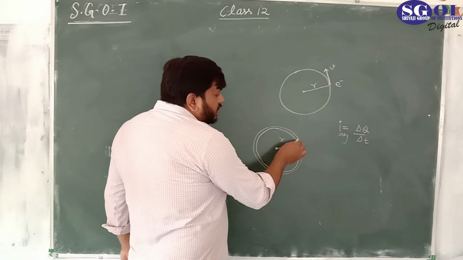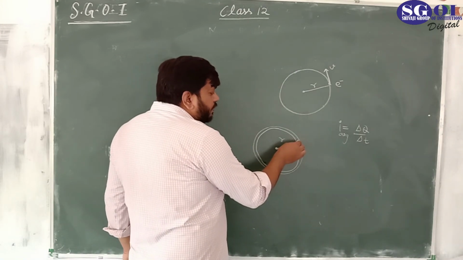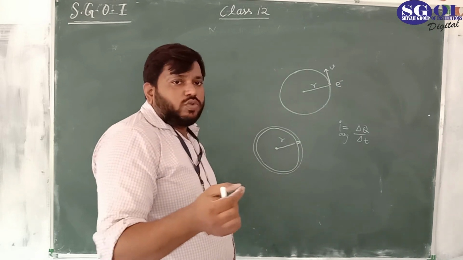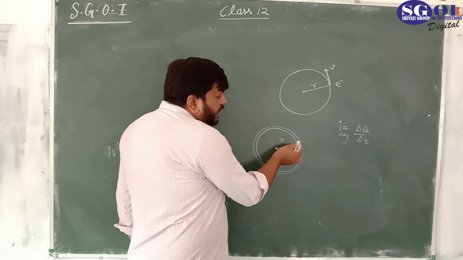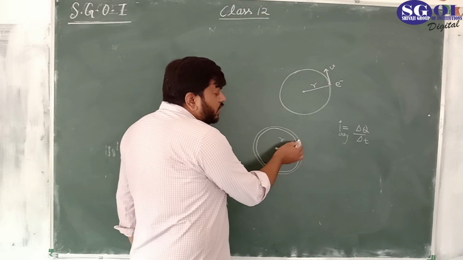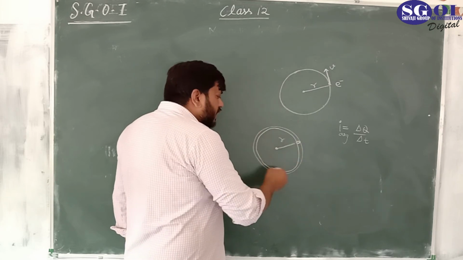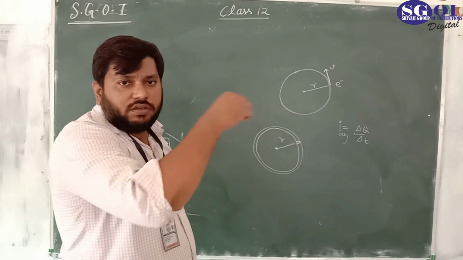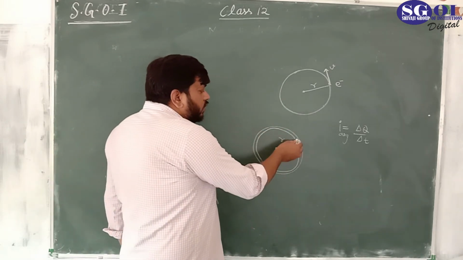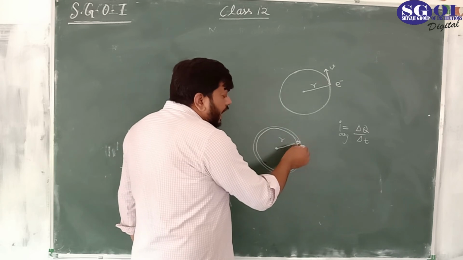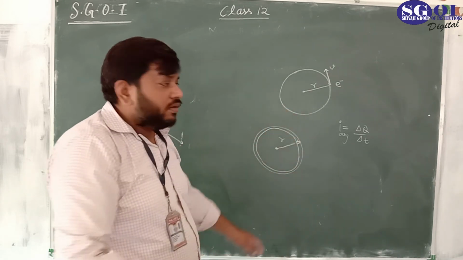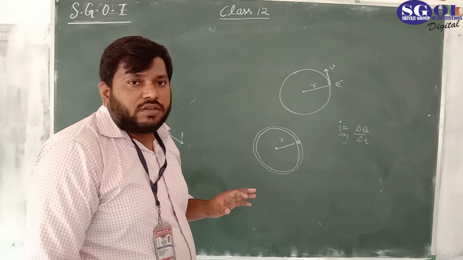Suppose the electron is starting from here, and just passes here. Observe here, the electron just passes this particular cross section and again starts moving, because it is revolving in this path. So the electron starts revolving here, and as the electron again passes this cross section, what is the time?